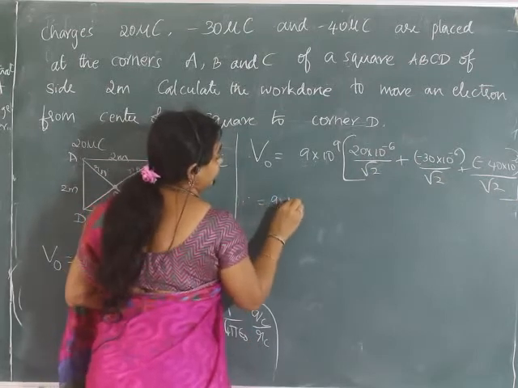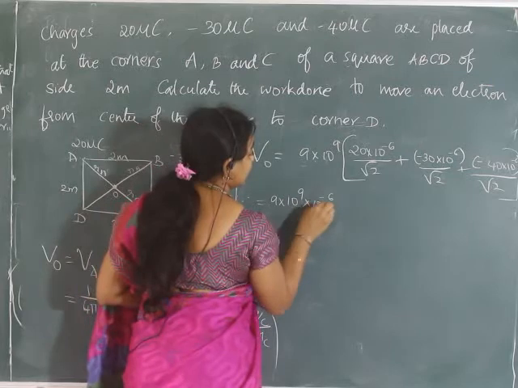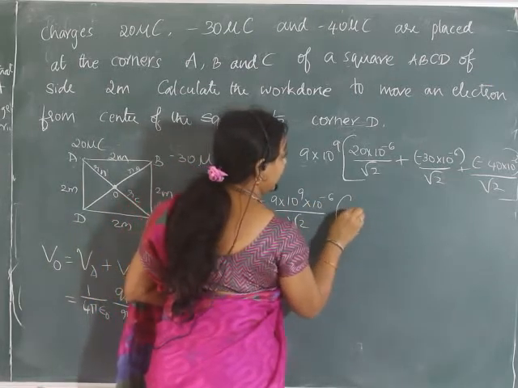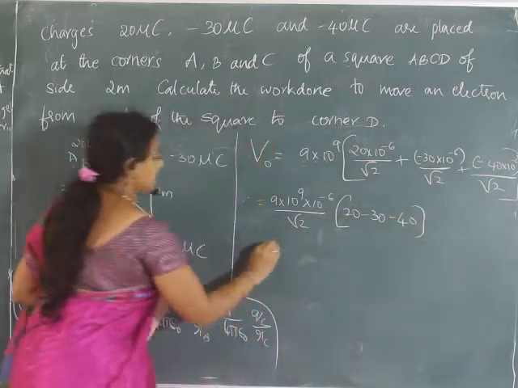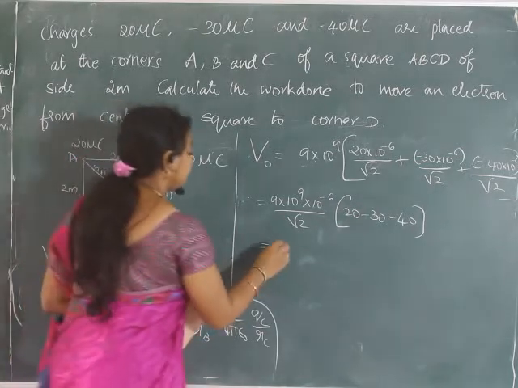That is 9 into 10 to the power 9 into 10 to the power minus 6 divided by root 2, times 20 minus 30 minus 40. The answer you get, VO is equal to minus 3.18 into 10 to the power 5 volt.